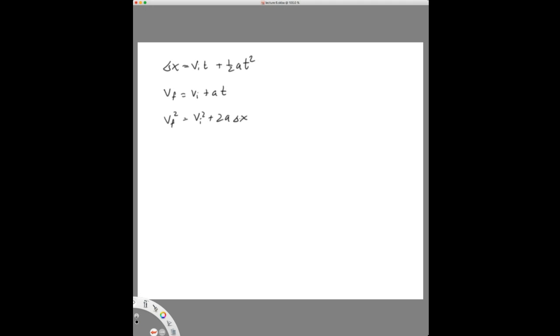So those are our master kinematic equations. And 4 out of these 5 variables are actually vectors. Delta x is a vector, v initial is a vector, a is a vector, v final is a vector, but t is not a vector.